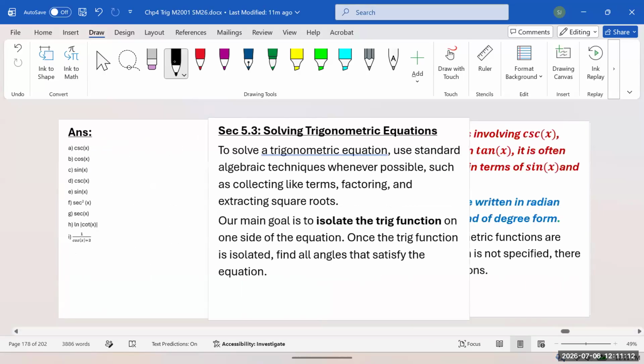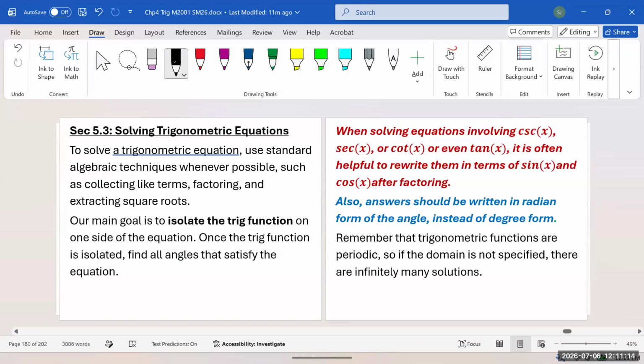Okay. Now we are going to solve trigonometric equations. To solve trigonometric equations, use standard algebraic techniques whenever possible. For example, collecting like terms, taking the square root if square is given, factoring if it's factorable, all these things. Like how you solve normal algebraic equations, we are going to solve the trigonometric equations similarly.